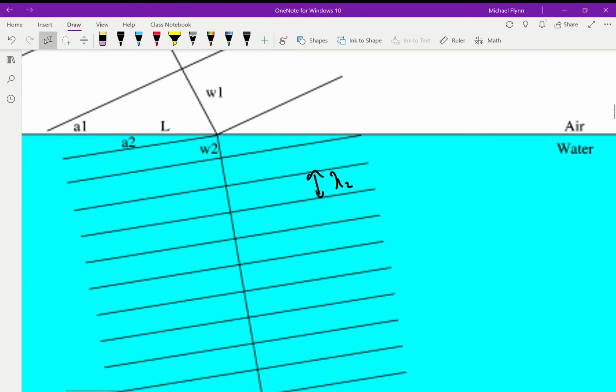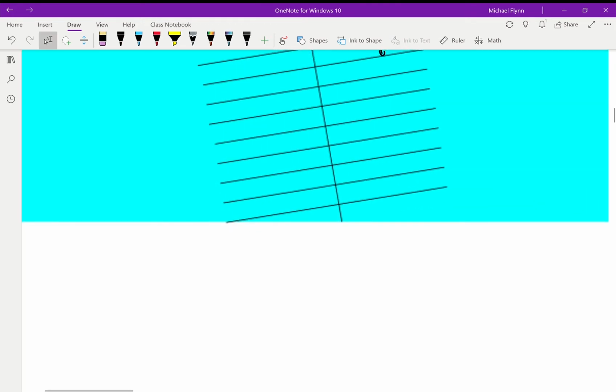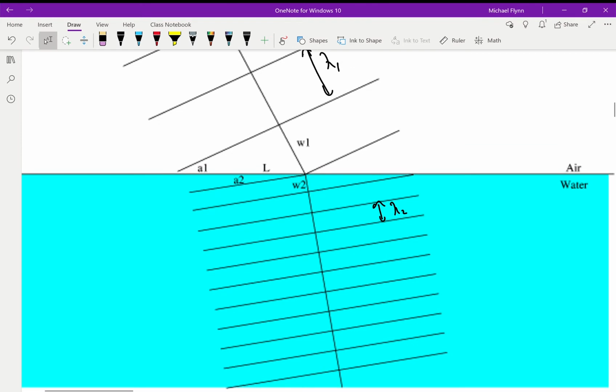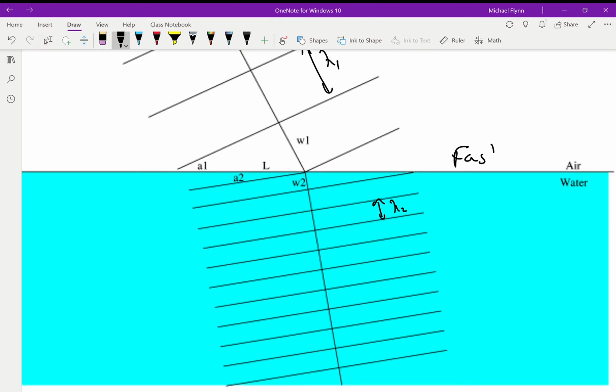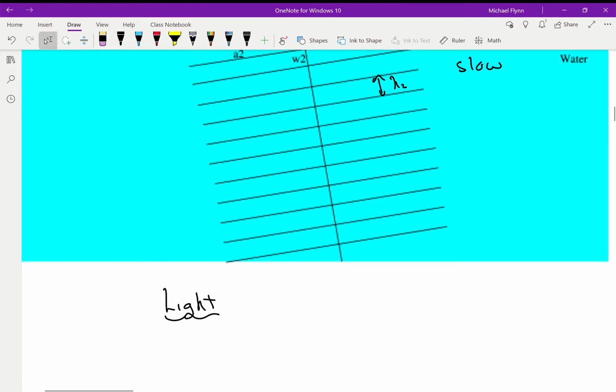Okay, now there was a formula for light when we talked about refraction, where, I should tell you, this is the faster medium, and this is the slower medium down here. And that's why the waves refract towards the normal, because they're slowing down.